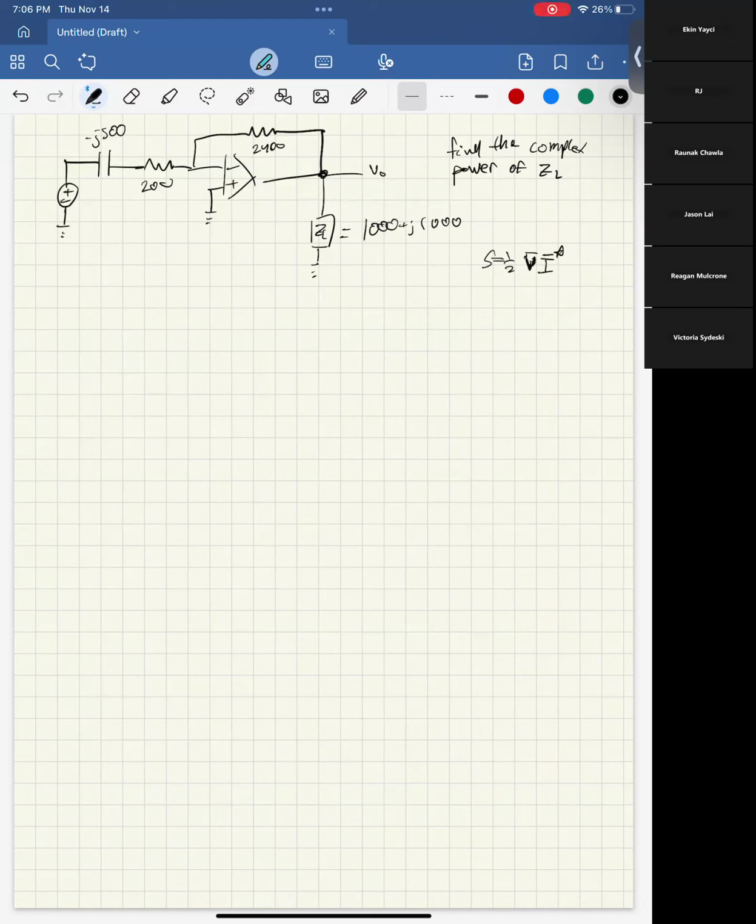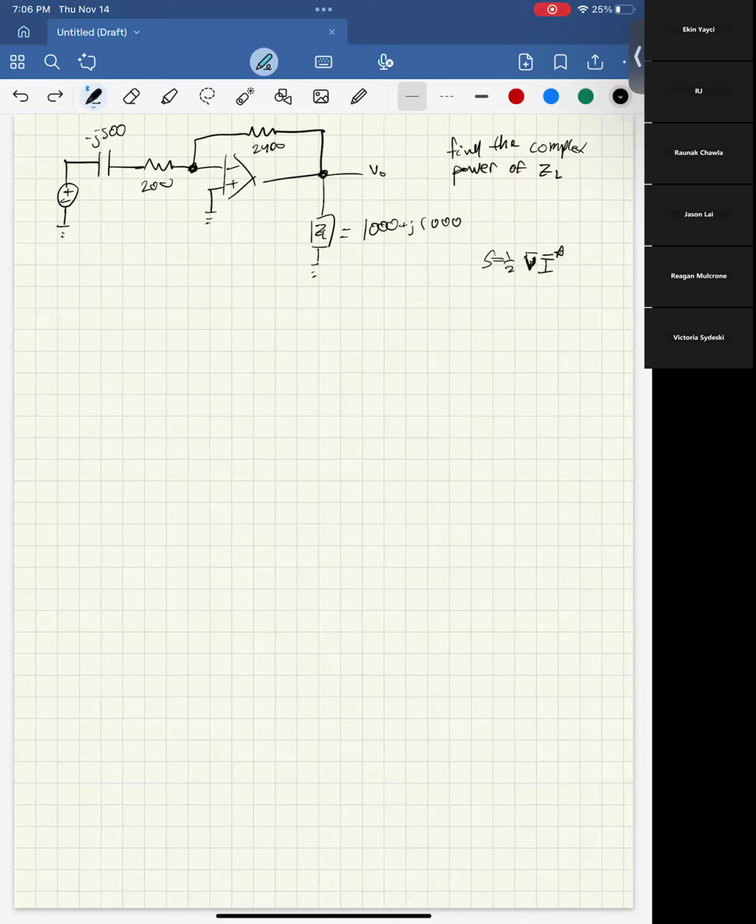Here, since the bottom of this is grounded, V naught will be our V. Once we have V naught, we can just divide V naught by this number to get the current. So basically, we just have to find V naught. You guys already pretty much know how to do that. This is nothing particularly new here.